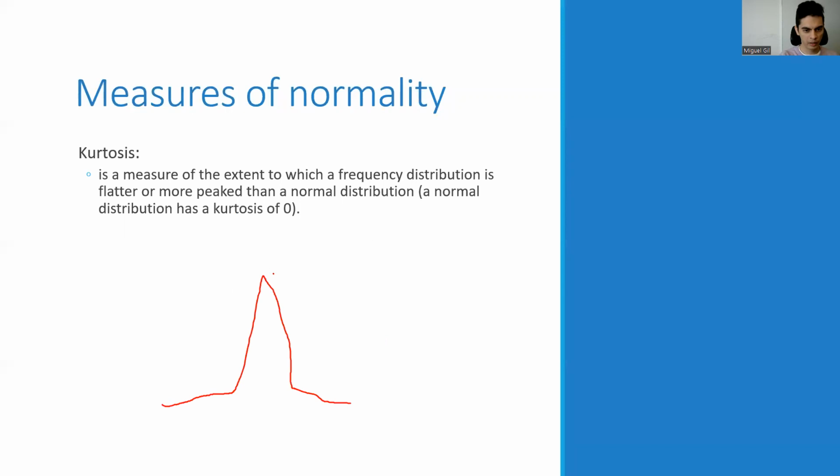If it looks like a big mountain, it is positive kurtosis. If it's the other way around, very low, then that will be negative kurtosis.